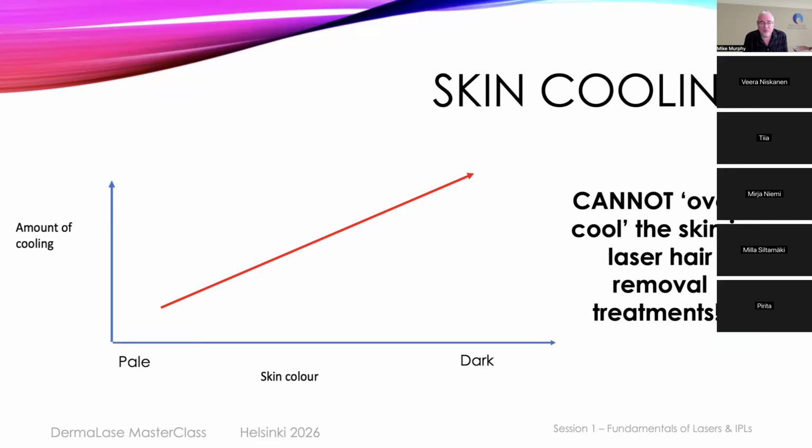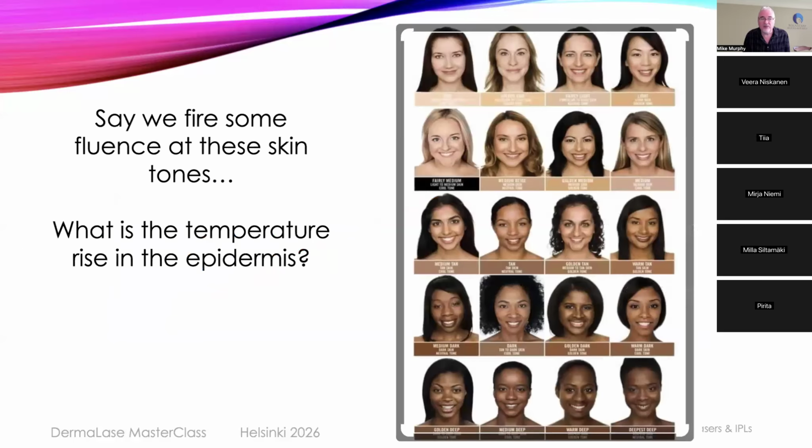So if you're looking at a pale skin person, skin tone 1, skin tone 2 or something like that, and they've got black hairs, then the hair can have 20 times the concentration of melanin compared to the skin, the epidermis. So even if you take the skin down to nearly 0 degrees with your cooling, the hairs will still absorb a lot of energy because they have so much melanin and they will become hot enough. So it's almost physically impossible to overcool the skin for laser hair treatment. So don't worry about cooling too much. You can't really cool too much, okay?